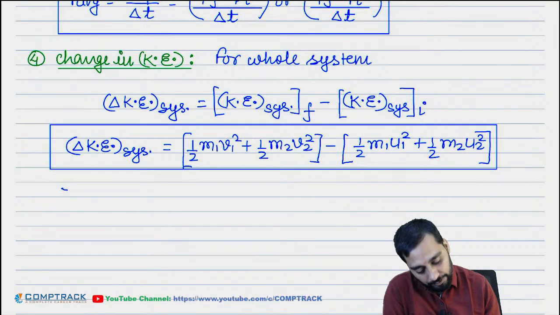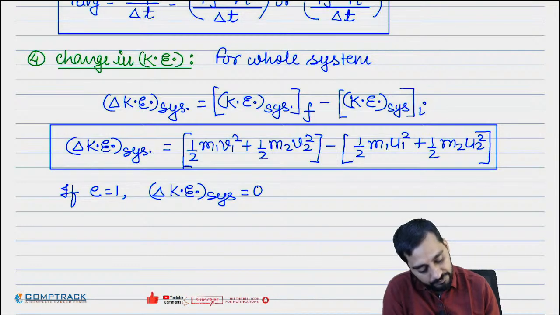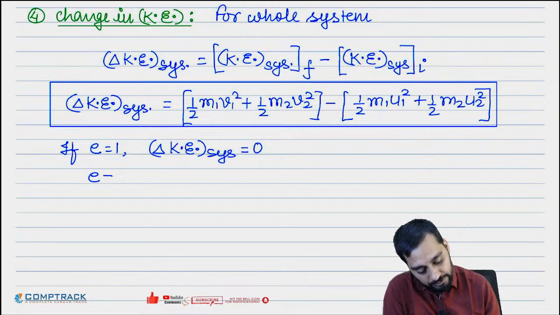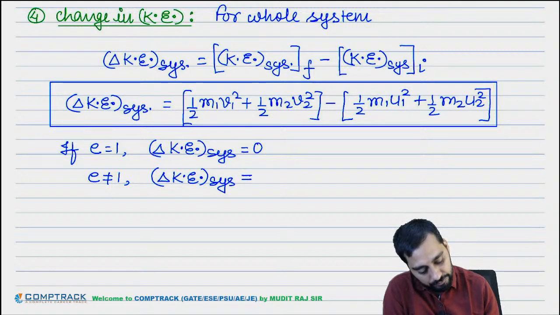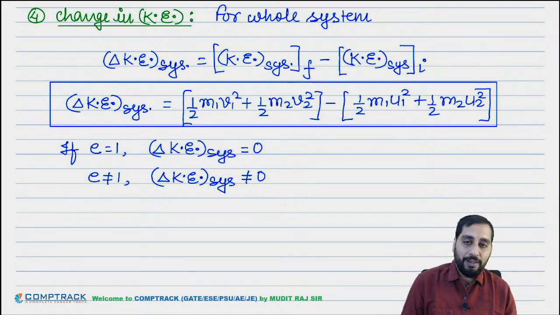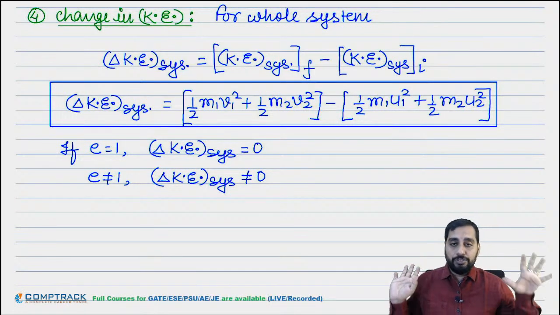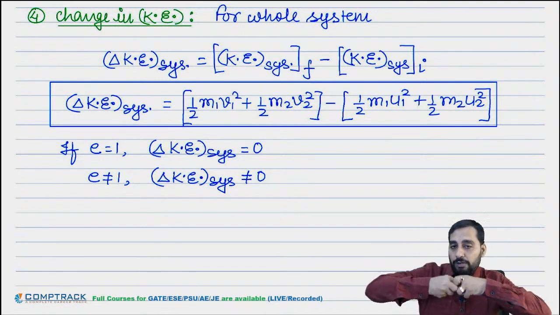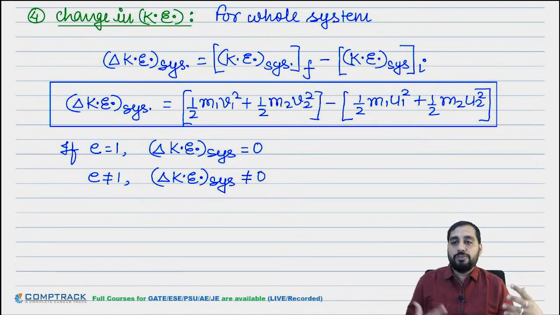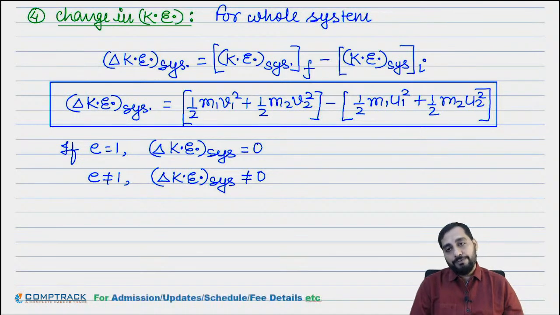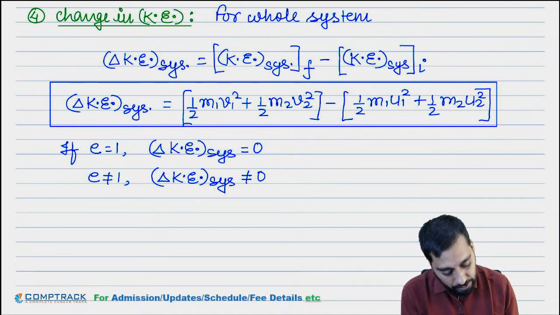Now if e equals 1, change in kinetic energy of the system will be 0. If e is not equal to 1, then change in kinetic energy of the system will not be 0. If it is a perfectly elastic collision, then the body will regain as much as it deforms. There will be no loss of energy.